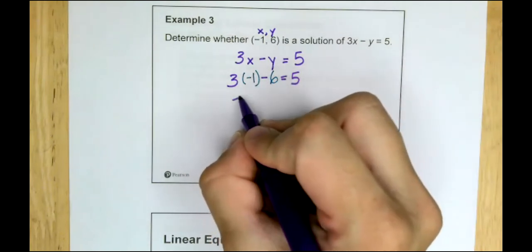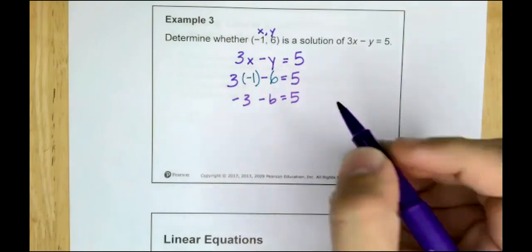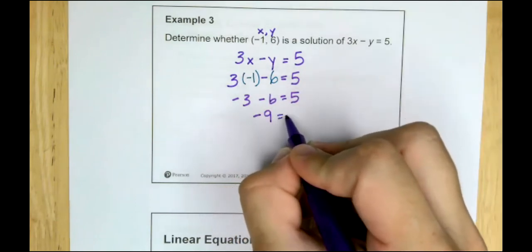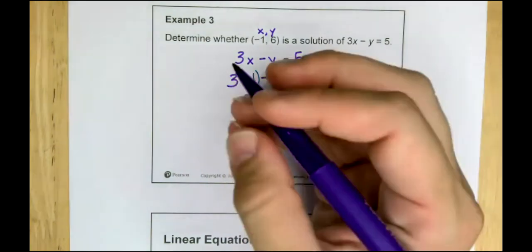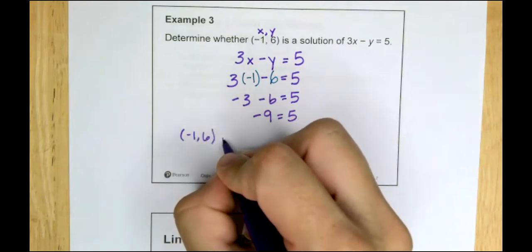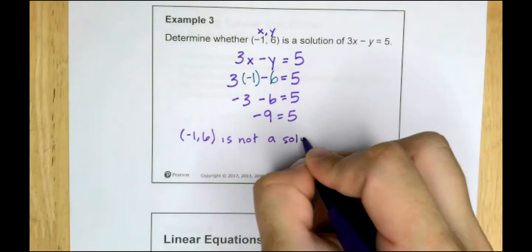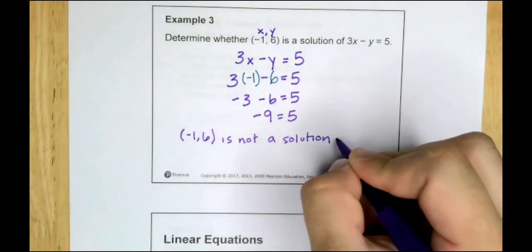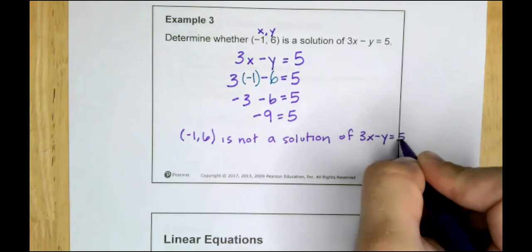Three times -1 is -3 minus 6. Is that true? -9 equals 5? No. (-1, 6) is not a solution of 3x minus y equals 5.